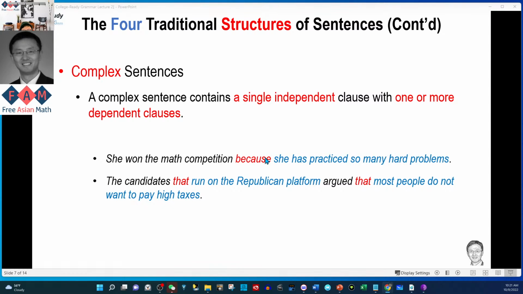And then it has one or more dependent clauses. So apparently, the independent, dependent, so therefore dependent sounds less important, right? Because it depends on the independent clause, or it depends on the main clause. That's what it is. So you have one single independent clause which is attached with one or more dependent clauses. Okay?